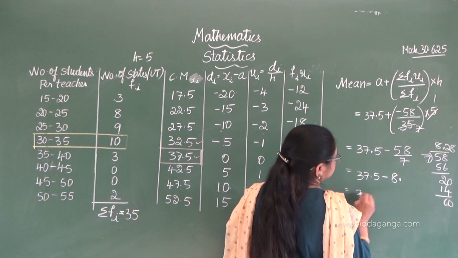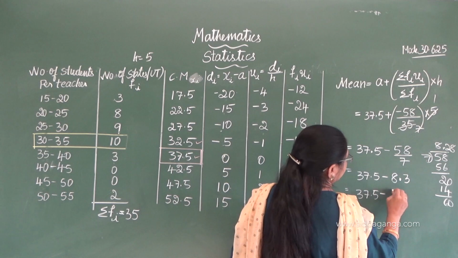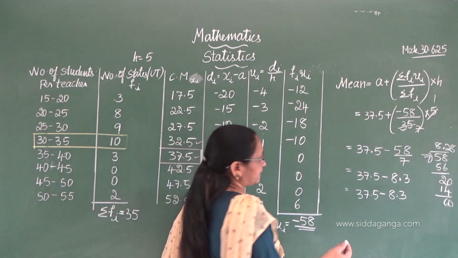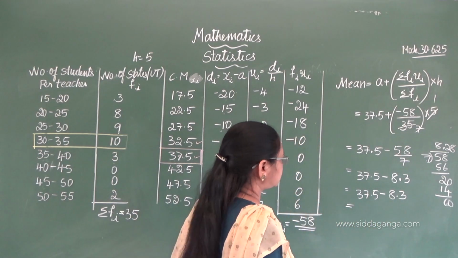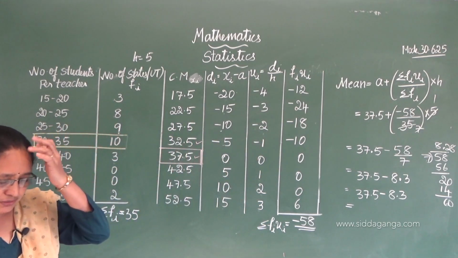Okay, so 37.5 minus 8.3, or you can write 8.28 also, approximately.